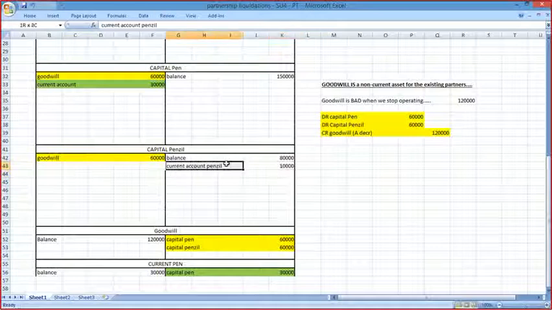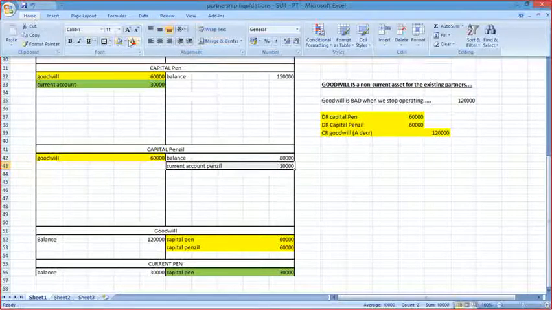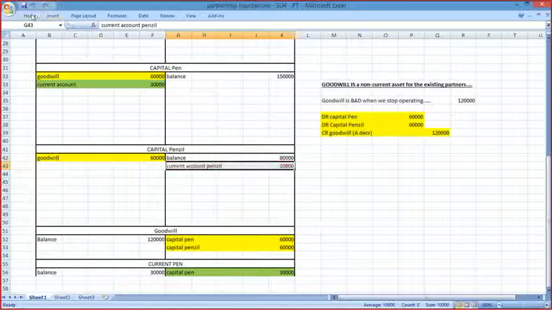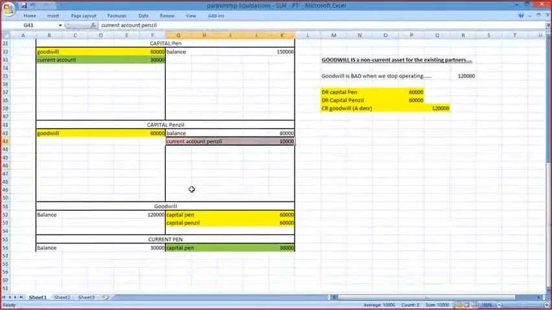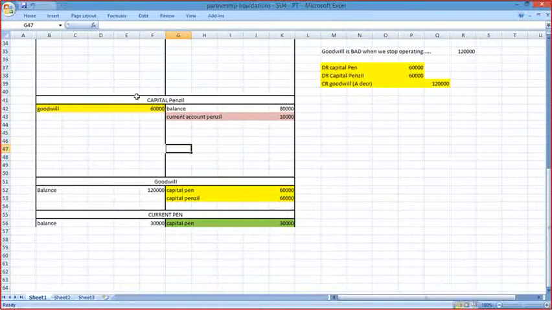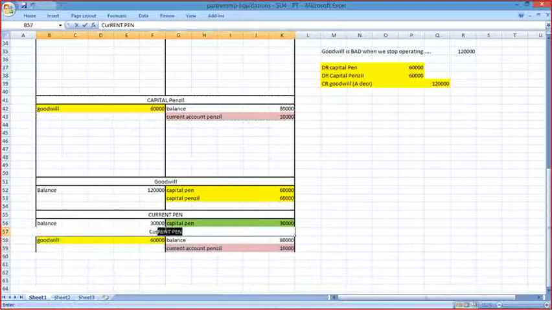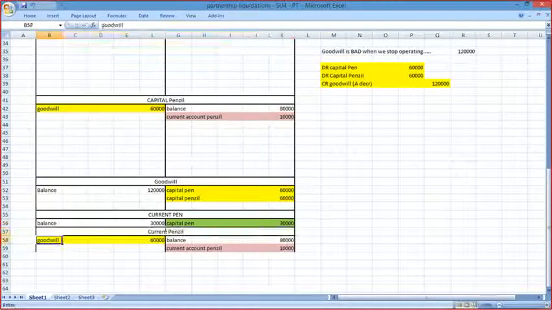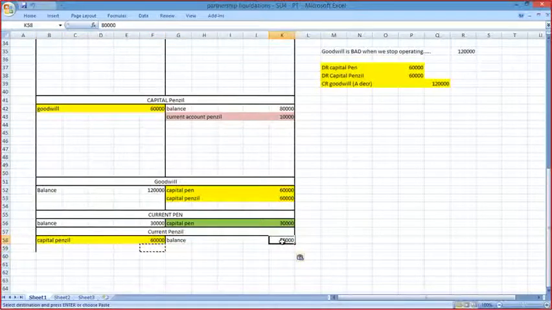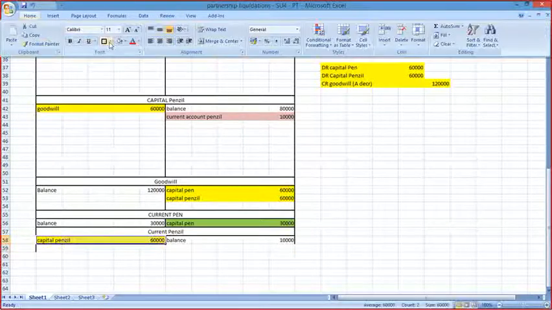Okay, so again, if you want to show that separately, I just want to show it to you in terms of additional understanding. Okay, so there's the credit. So in current pencil, capital pencil, 10,000 was the balance. 10,000 will be the transfer.